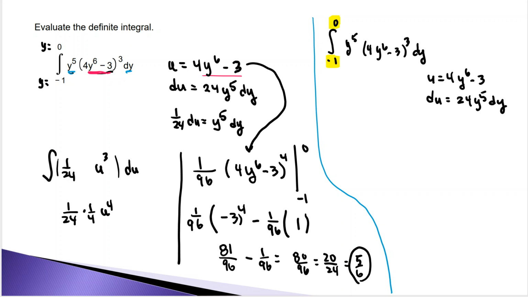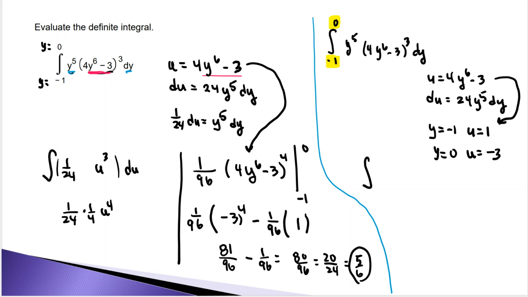I look at my limits of integration and I go, when y equals minus 1, u equals 4 times minus 1 to the sixth minus 3, which will be 1 when I plug that in. And also when y equals 0, u equals 4 times 0 to the sixth is 0, and 0 minus 3 is minus 3. And I change my limits of integration to match.